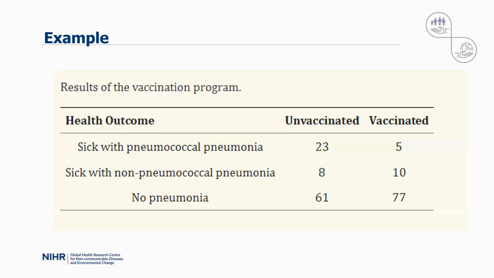Around 92 patients total were vaccinated and unvaccinated, and the outcomes were compared in terms of whether they were sick with pneumococcal pneumonia, or sick with non-pneumococcal pneumonia, or did not have pneumonia at all. So when we perform this, we know that one of the cells has a cell frequency of 5. So this is 1 out of 6 cells, which is obviously much less than 80%. We can go ahead with doing the chi-square test.